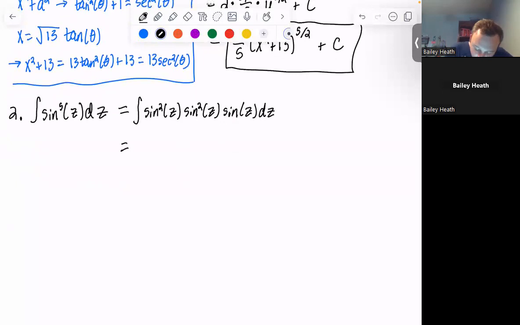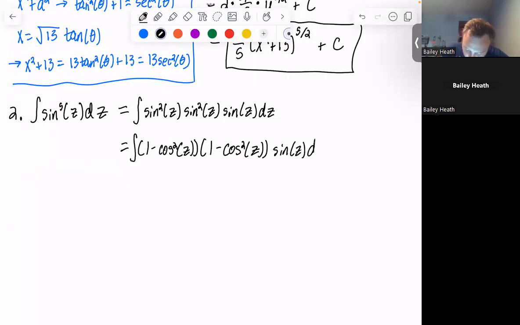And now sine squared is 1 minus cosine squared of z. 1 minus cosine squared of z. And then I still have my sine of z dz out here, right? So I just replace each of these sine squareds with 1 minus cosine squared.